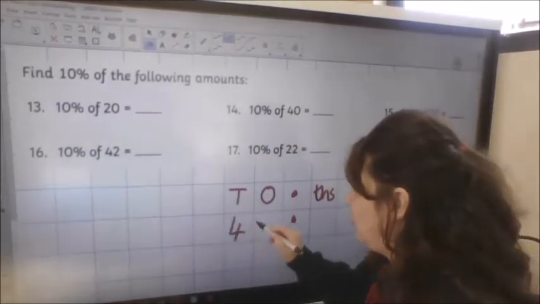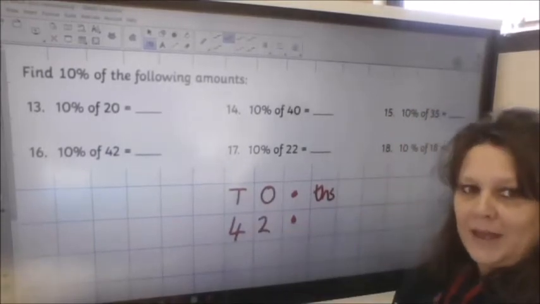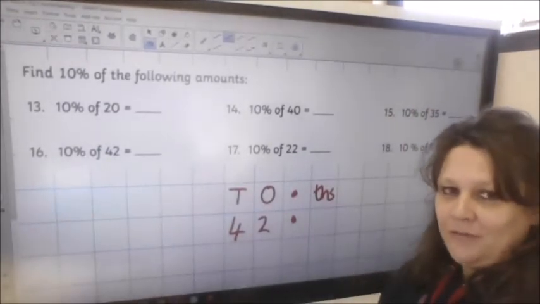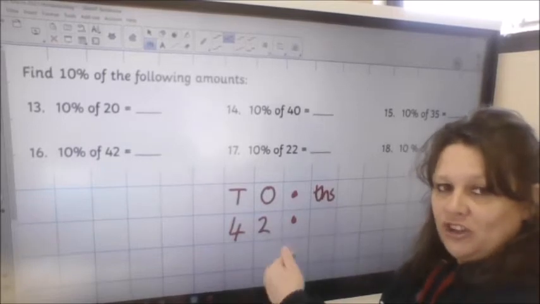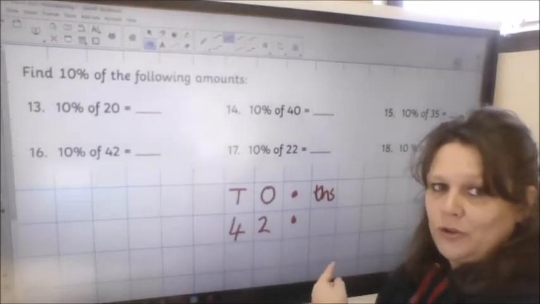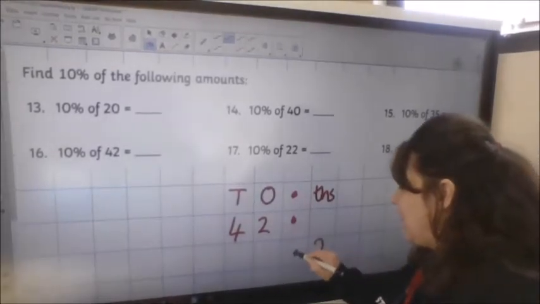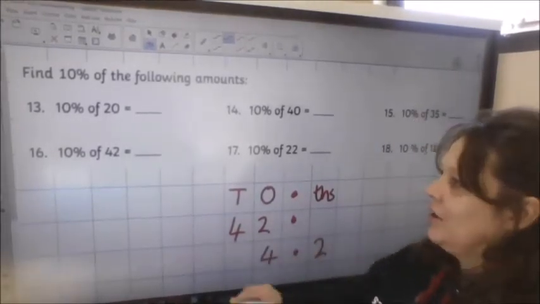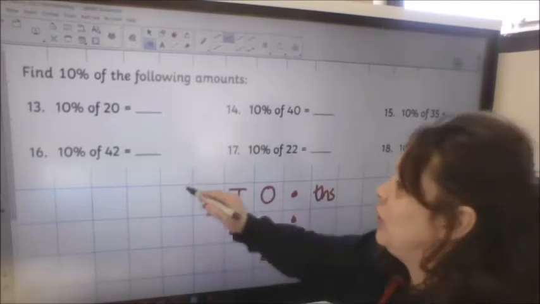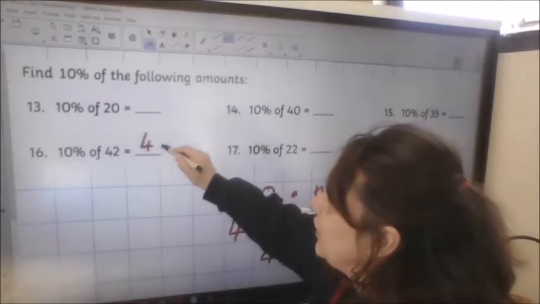So 42 would look like that. Remember, if we're dividing by 10, the digits move one place to the right. So that will go there, that will go there. So 10% of 42 is 4.2.